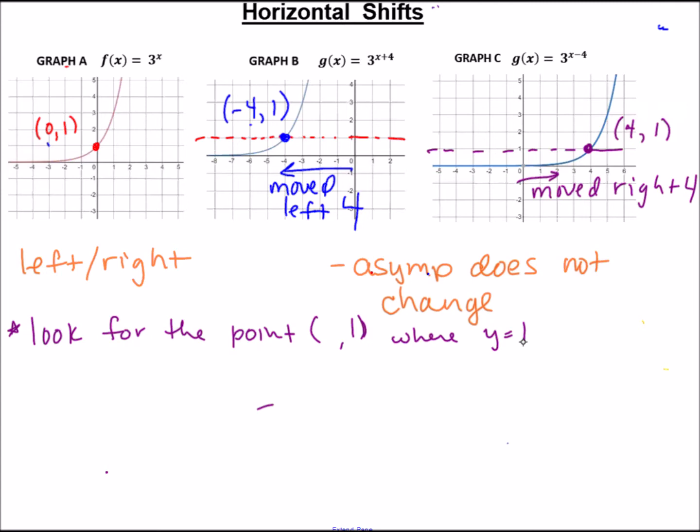And that's going to tell you how far it shifted. It's moved left or right. That part's kind of easy to look at and say, okay, it's farther left on the graph than it was, or it's farther right on the graph than it was to start. But that point right there is going to tell you how far it's moved. So this tells you how far. And I have the examples up there, 4's in there.